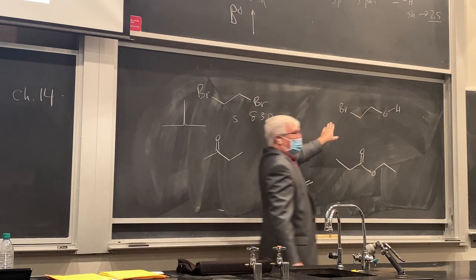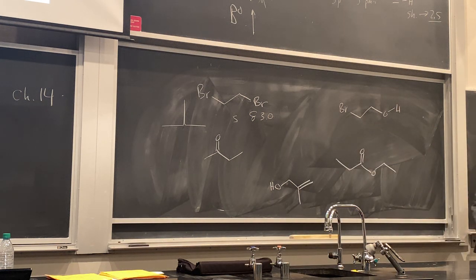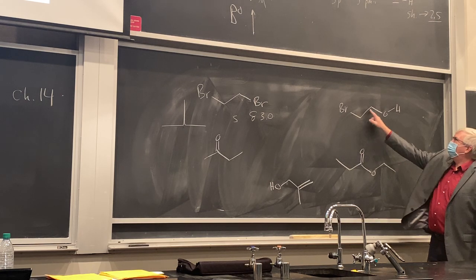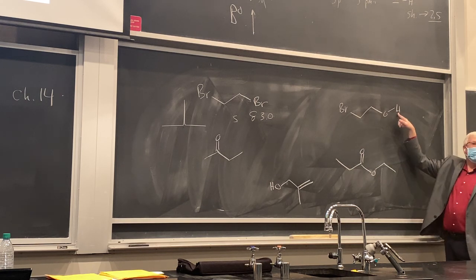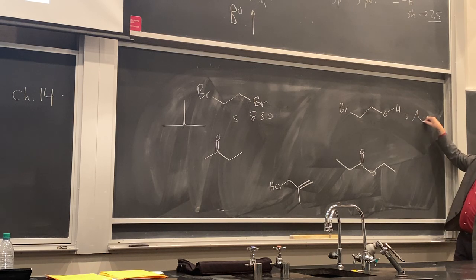How about this one, though? How many non-equivalent sets here? Bromoethanol. Anybody? How many sets? Two. Okay. These two certainly, but don't forget about that. Is that a different hydrogen? Yeah. So how many total? Three here. This one can be variable, and it'll be a singlet, and it'll be kind of broad and kind of blobby.